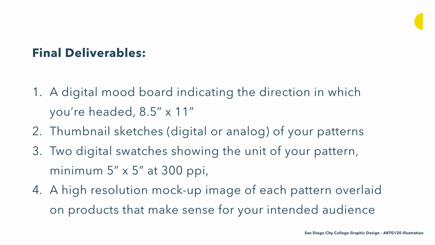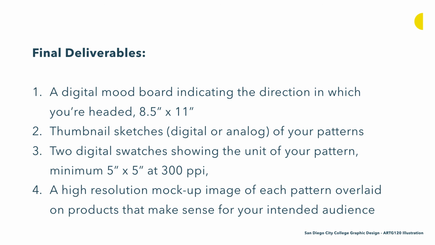And then for number 3, you're going to have your 2 digital swatches showing the unit of your pattern. So this is going to be on a minimum 5" by 5" square at 300 pixels per inch. That's going to show the pattern that would then be tessellated onto further squares to then cover a larger surface.